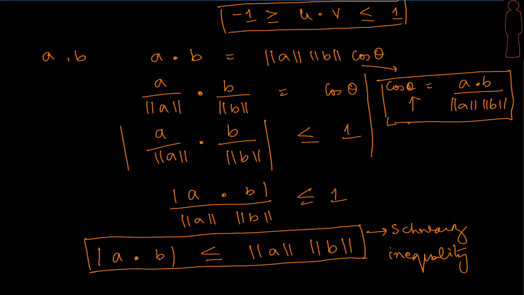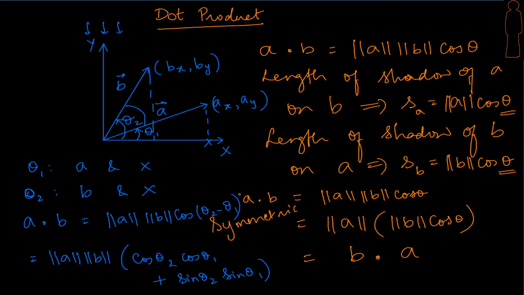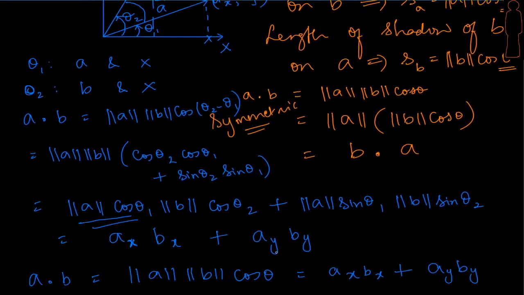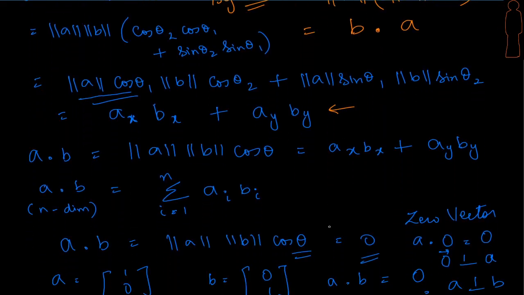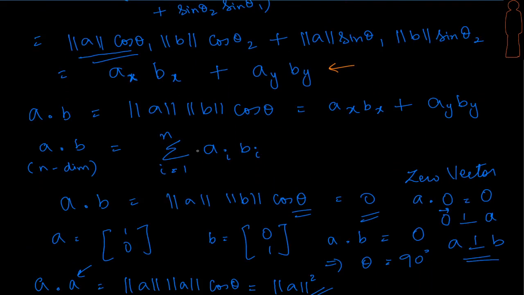So this session has been entirely dedicated to understanding dot products and many features of dot products, right? So let me quickly summarize this entire session. We started by talking about the symmetric nature of dot product, and then we came up with an interesting formula called the component formula for dot products, and then we extended this formula to n dimensions.